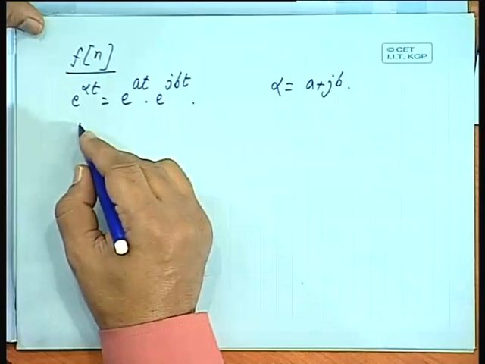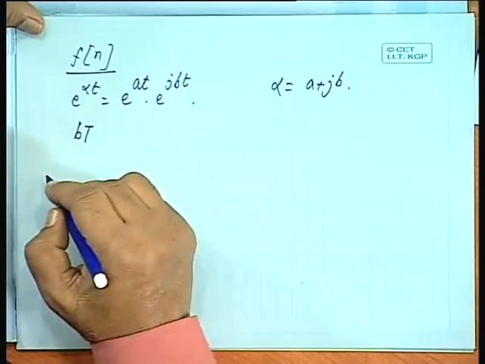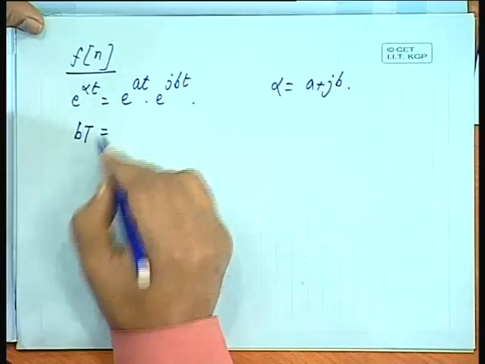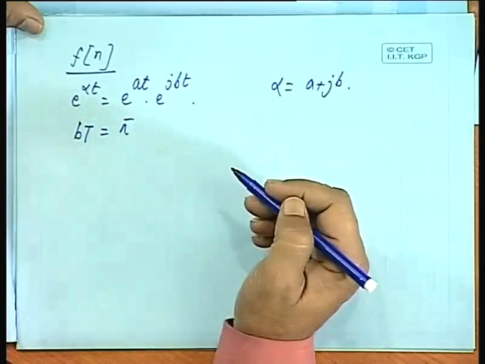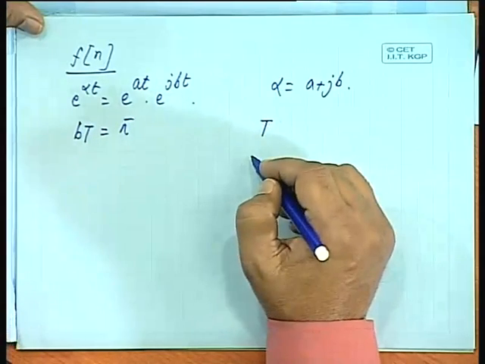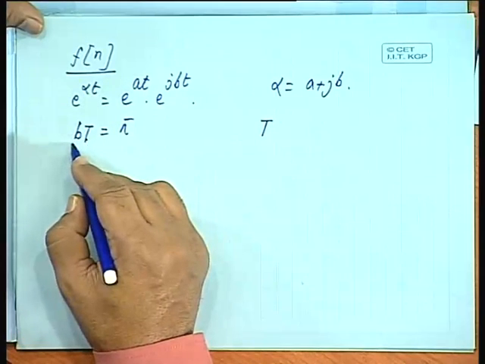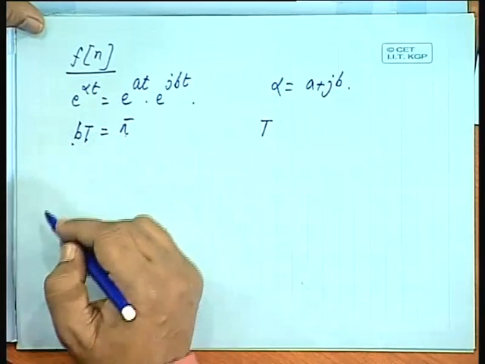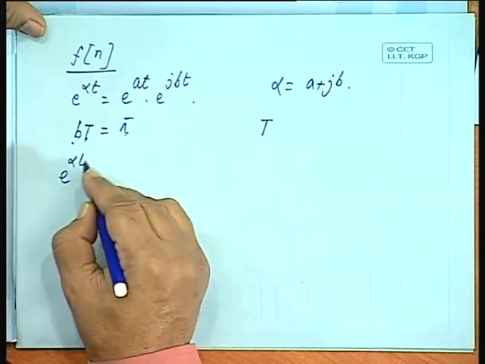Let us select the sampling time such that b times t is, say, pi. We select the sampling time t such that the product of t and the frequency term b is equal to pi.